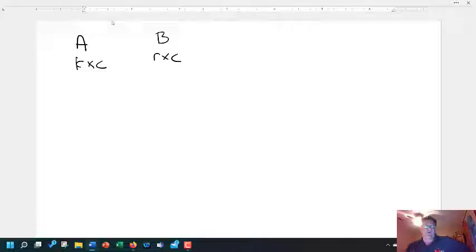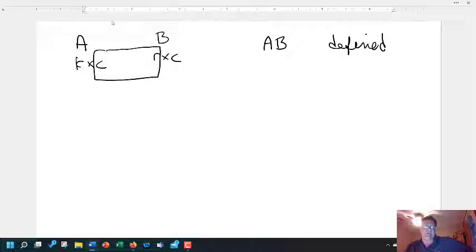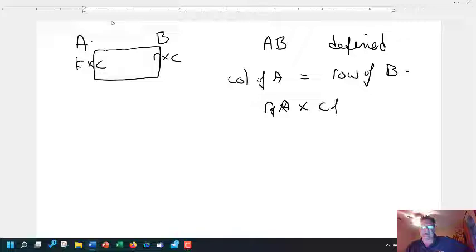So first of all, for the product of matrices A and B to be defined, the inner values, the columns of A, must equal the rows of B. The result is going to be row times column, so the rows of A times the columns of B. So that's kind of a little awkward.